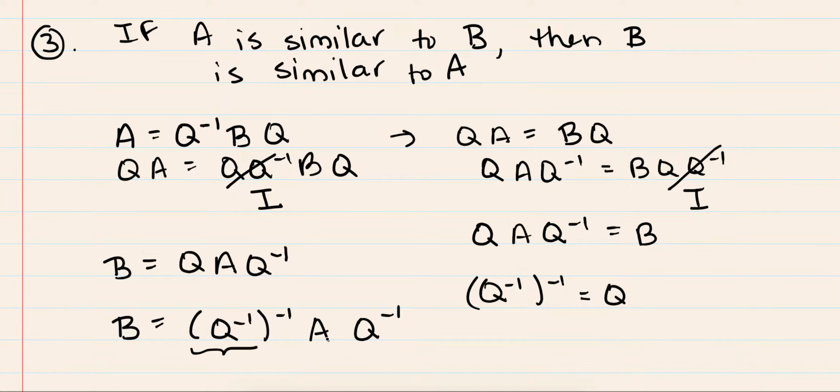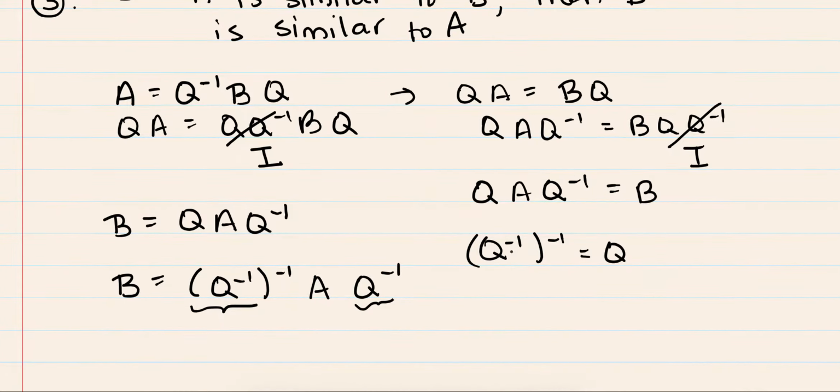So now we see there exists an invertible matrix, which we're calling Q inverse, that the inverse of it goes here and the matrix goes here, and we get B. So B is similar to A.